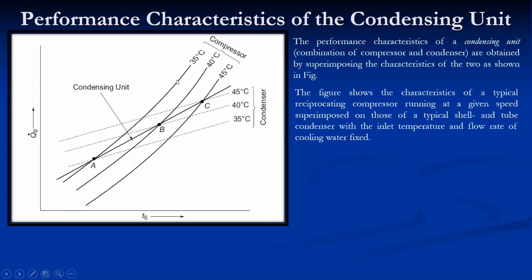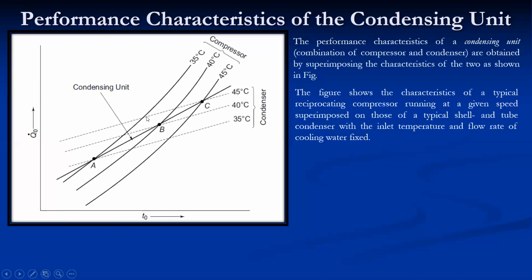That is because of twofold effects: as the evaporating temperature increases, the mass flow rate increases as well as the refrigerating effect increases. The cooling capacity is the product of those 2. That's why the cooling capacity increases exponentially. So this is the effect of evaporating temperature on compressor cooling capacity.